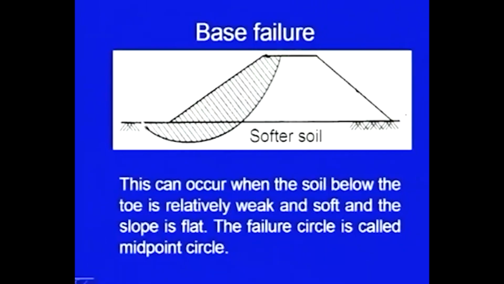So it is not passing through the toe, it is a little bit away. This can occur when the soil below the toe is relatively weak and soft, and the slope is also flat. So this generally occurs for flatter slopes. Earlier two cases occur for steep slopes. The failure circle is called the midpoint circle. So in this case this circle will be termed as midpoint circle.